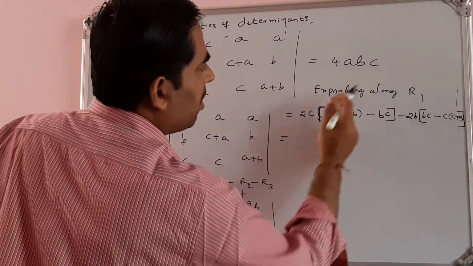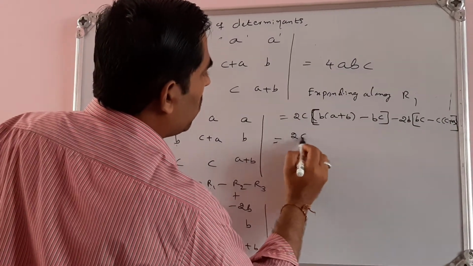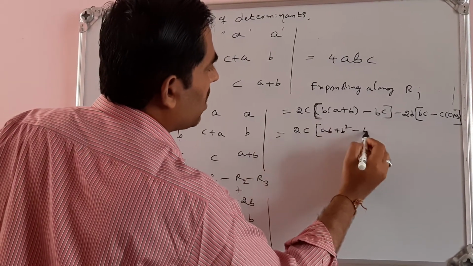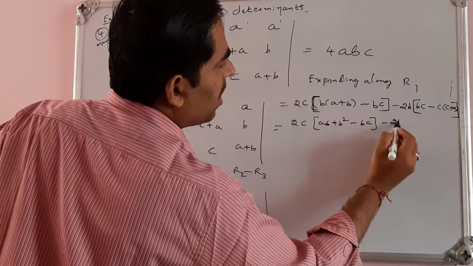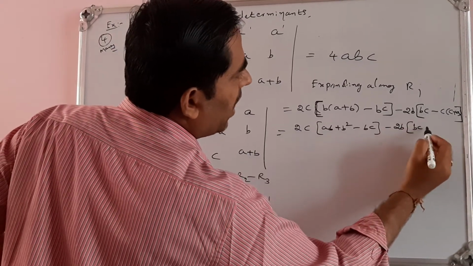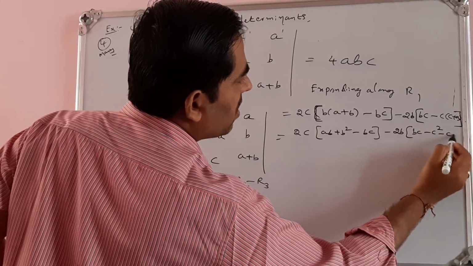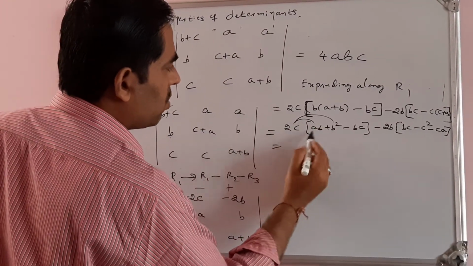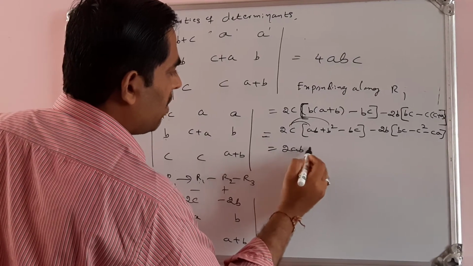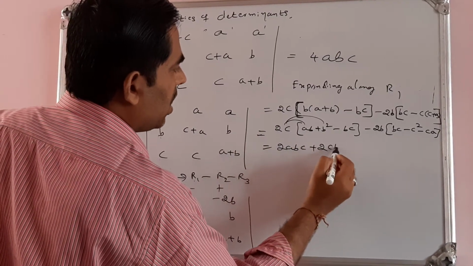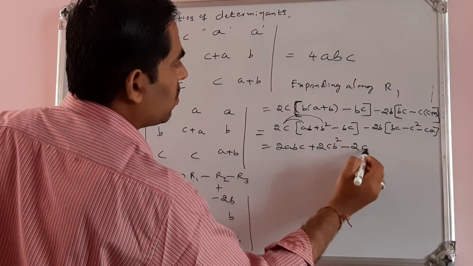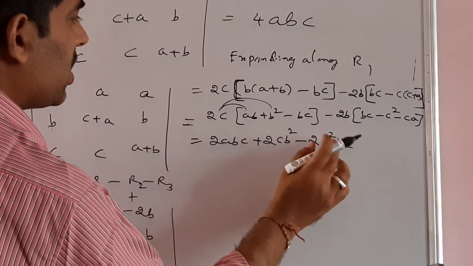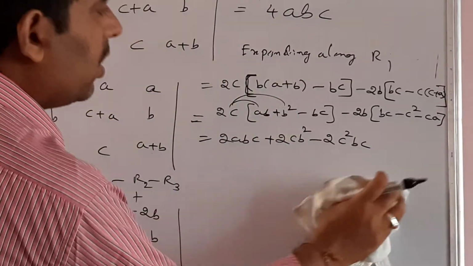So we can simplify this. 2C into, C into A, B, AB, plus B into B, B square, minus BC. Then minus 2B into C, BC, minus C into C, C square, plus into minus CA. So I can multiply this here, 2C into AB, that is 2ABC, plus 2CB square, minus 2C square B, and C into C, C square, C into C, C square B. Okay, this is not C here.